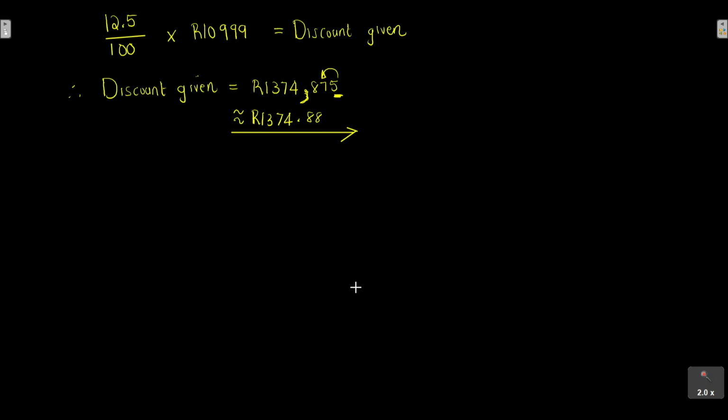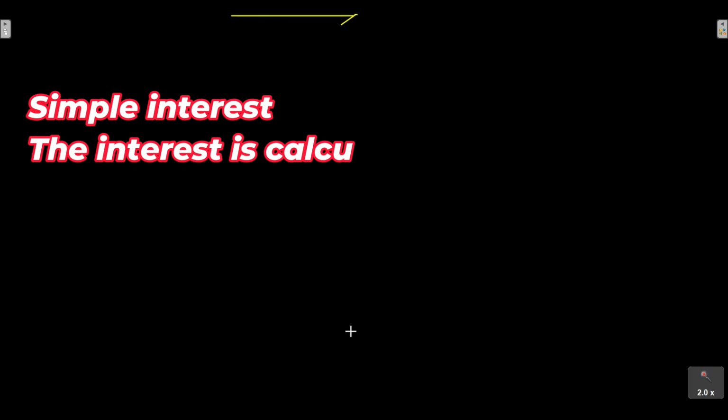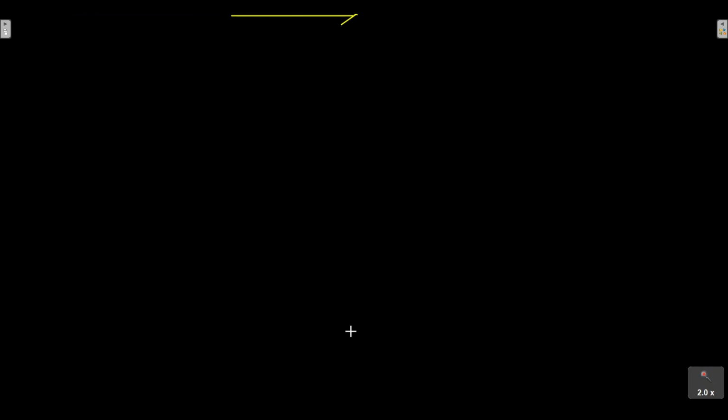When I talk about simple interest, guys, I'm saying that when you calculate interest, the interest is calculated on the original amount. I'm going to give you an example of what I mean by this. There's also another interest that you need to be aware of, and this is compound interest.